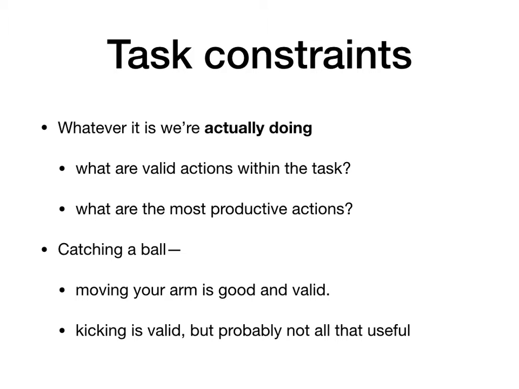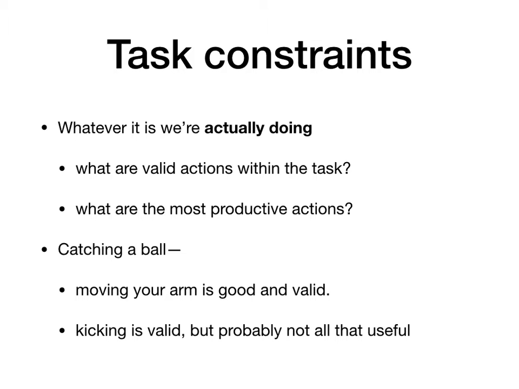So think about catching a ball. Moving your arm is pretty important to that task. That's both a good action, it gets you closer to your end goal, and is valid. Kicking, on the other hand, is a valid action. I'm able to move my body in such a way that works, but it's not very useful.